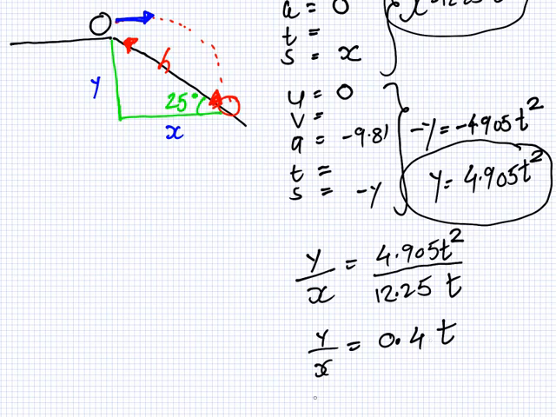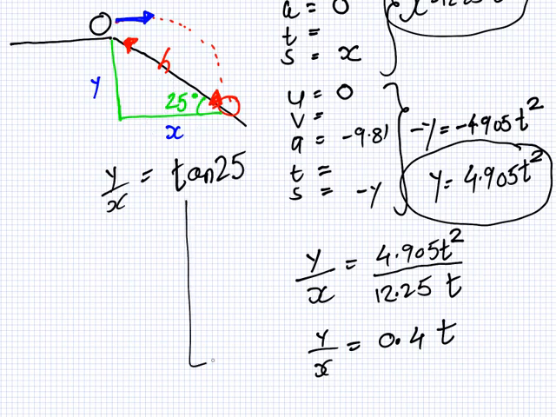Now watch this. What does y over x equal? Tan 25. That's y over x. If I put that in there, I have the t, because now I have tan 25 equals 0.4 t.